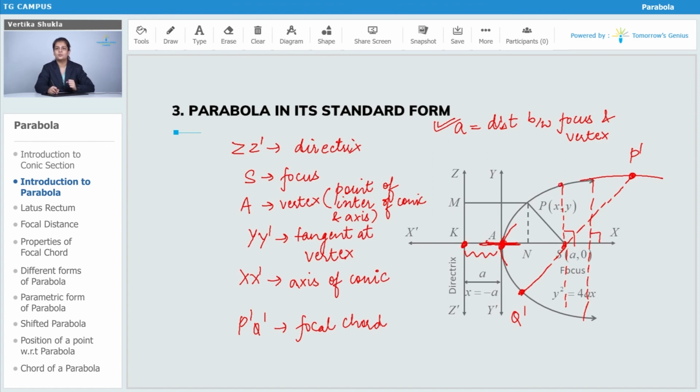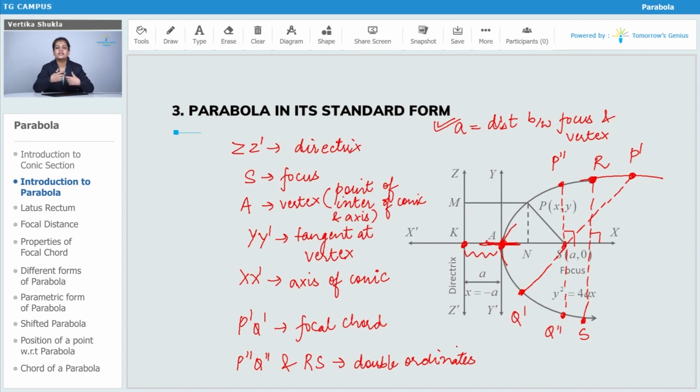If I take this point as P double dash and this point as Q double dash, this point as say R and this point as say S, then P double dash Q double dash and RS will be known as double ordinates. What are double ordinates? Double ordinates are the chords that are perpendicular to the axis of the parabola.